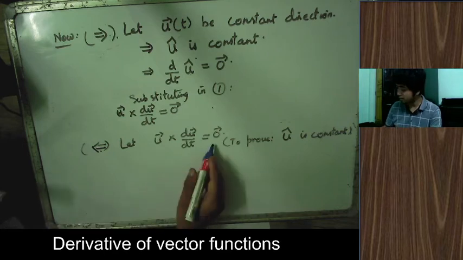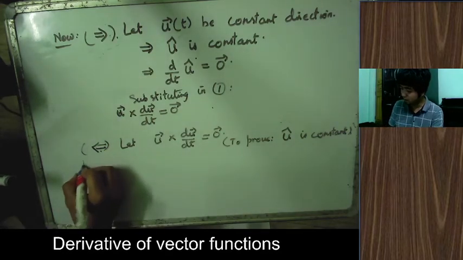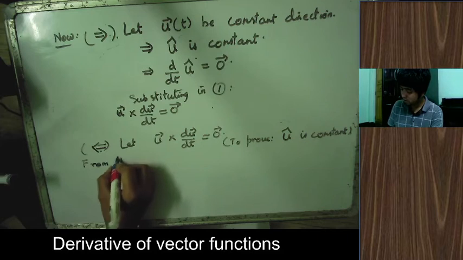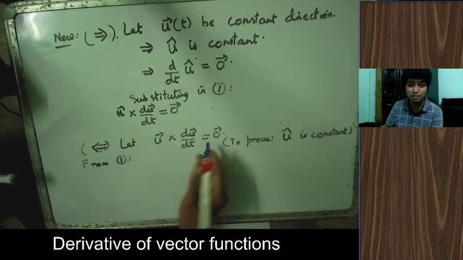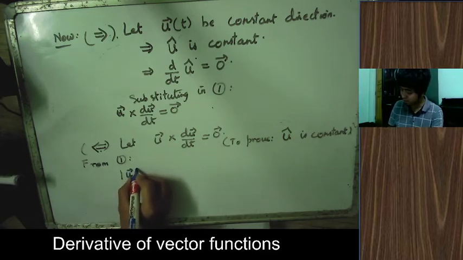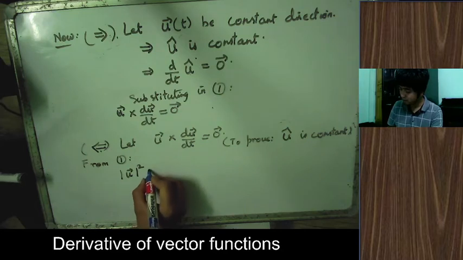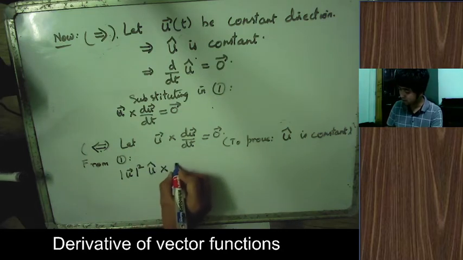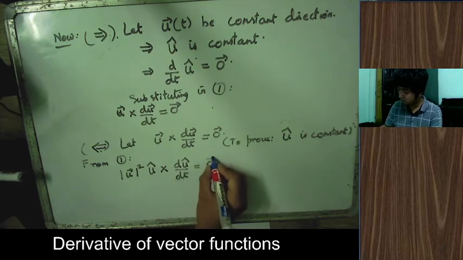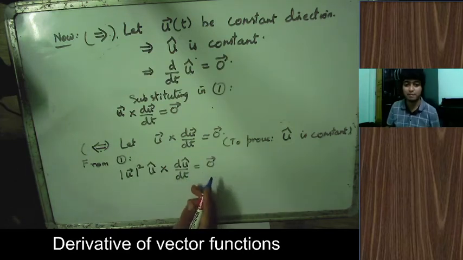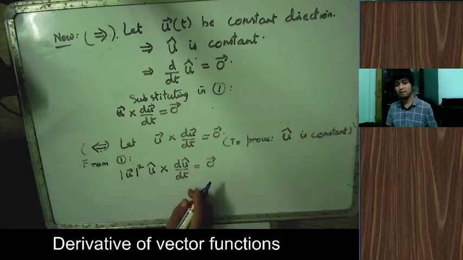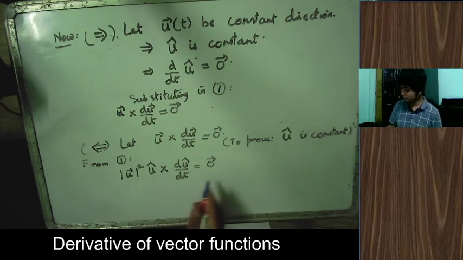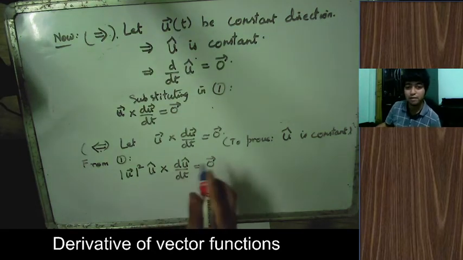This is what we have from 1. If this one is 0, the left hand side will also be 0. The left hand side was something like this. So now what can we do?